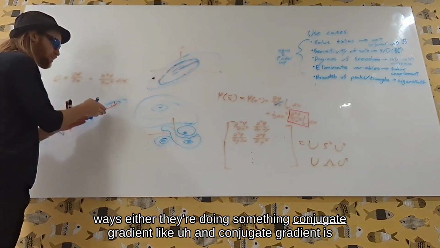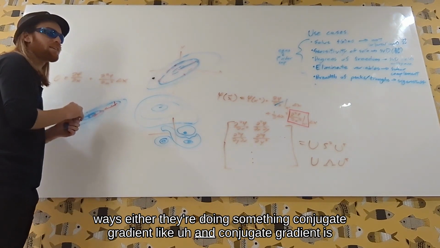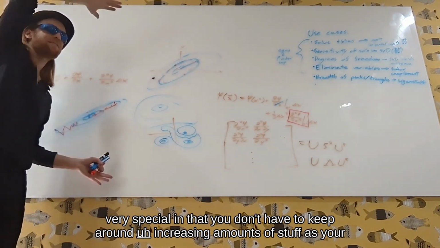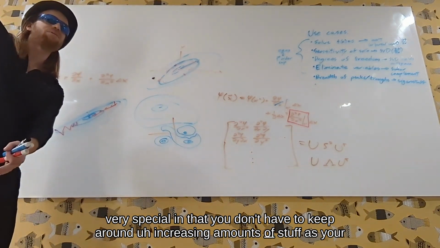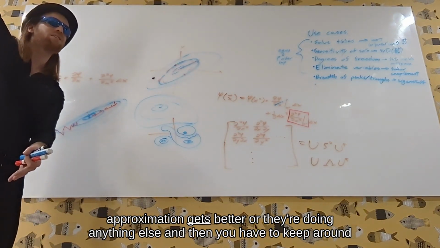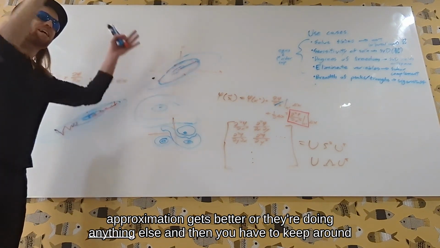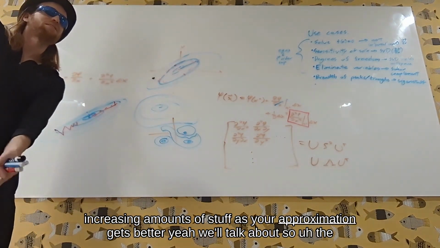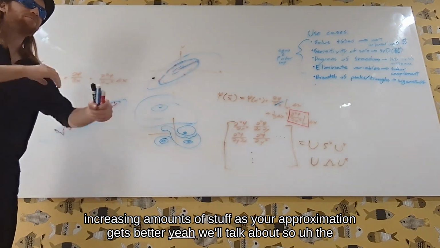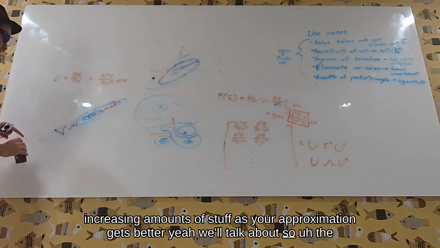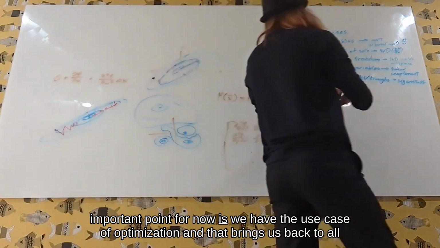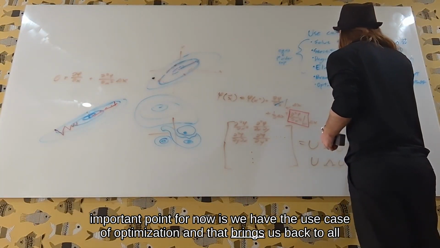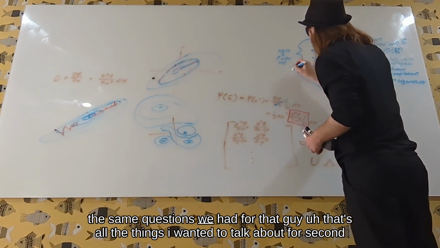Either they're doing something conjugate gradient like, and conjugate gradient is very special in that you don't have to keep around increasing amounts of stuff as your approximation gets better, or they're doing anything else, and then you have to keep around increasing amounts of stuff as your approximation gets better. We'll talk about that. So the important point for now is we have the use case of optimization, and that brings us back to all the same questions we had for that guy.